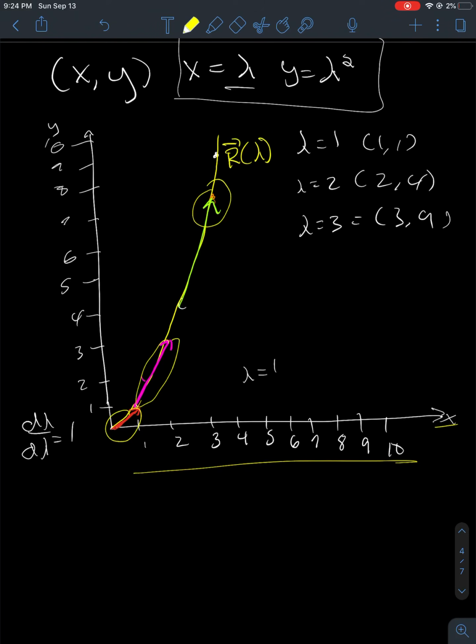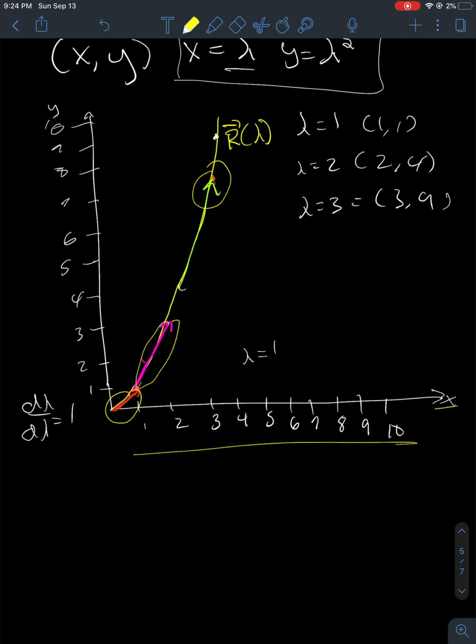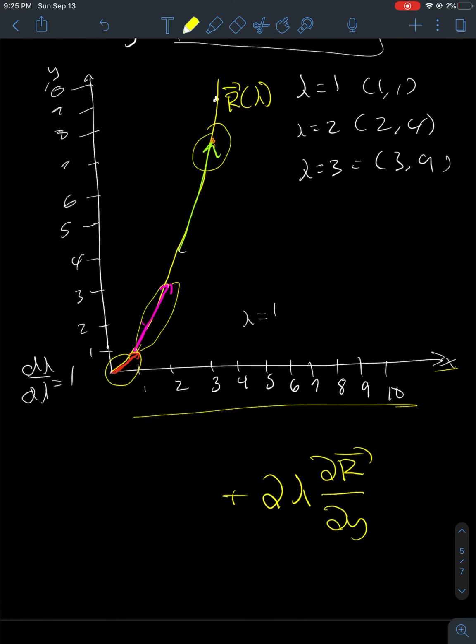It's gaining momentum, which is why this vector is going to grow. Not change direction, but grow. And we see that it's growing because of that 2 lambda term. That 2 lambda is making the y basis vector actually change from point to point.